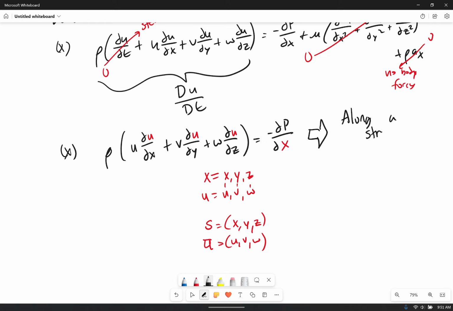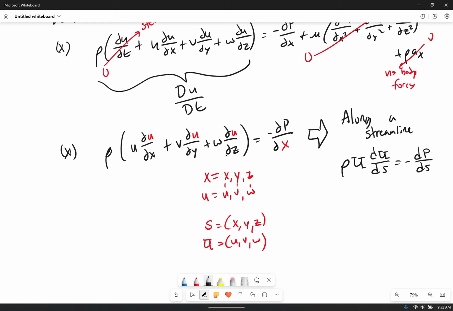Okay, so if it's along a streamline, then we know the following is true. It will look something like this. I would have rho times my fancy u, which is just bringing all my components of velocity together. I'm going to have my du/ds. Okay, so it's going to change with position. There we go. Fancy u. Beautiful. Is equal to how my pressure changes with position.